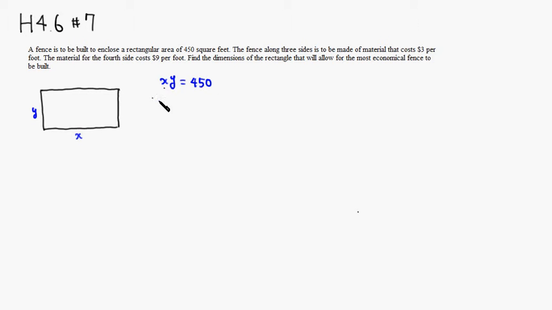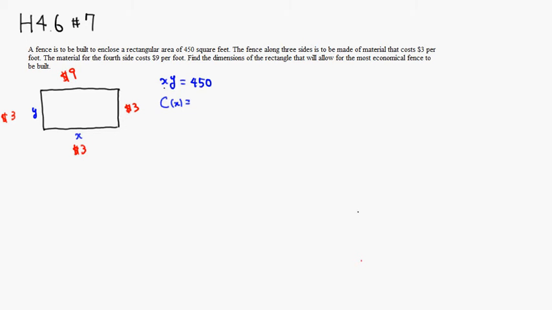But the cost function: you're going to put the $3 fence here, here, and here, and you're going to have a $9 fence there.